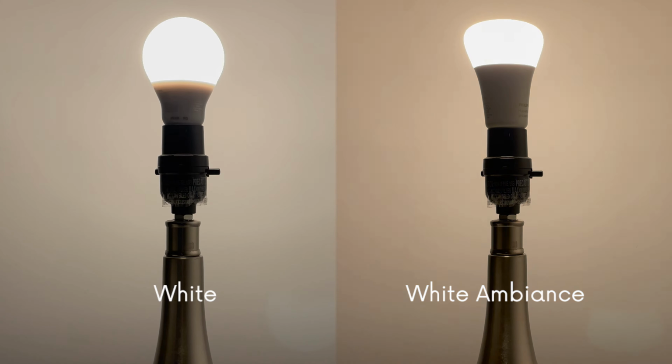Next is white ambiance. This one is around $40, so an extra $10. And while it doesn't turn color, you can change the light temperature from around 2200 to 5600 Kelvin. So that's a very soft white to a very bright daylight. This is great for any area where you want to be able to adjust the lighting temperature, but you don't care about color. You can also take advantage of adaptive lighting.